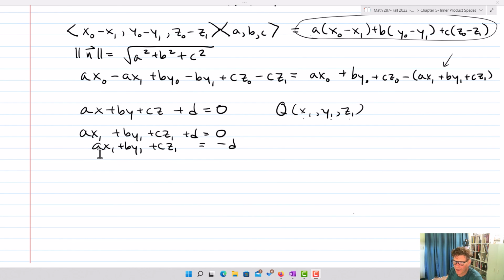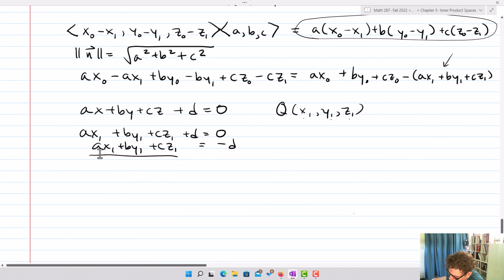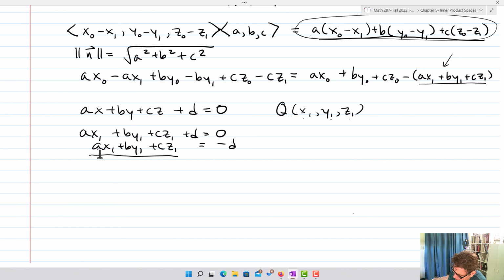Well, what we want to notice is that this thing here is actually equal to that thing there. So it's negative d. So this dot product right here is actually equal to w dotted with v, which is ax naught plus by naught plus cz naught minus a negative d, which is just going to end up being plus d.